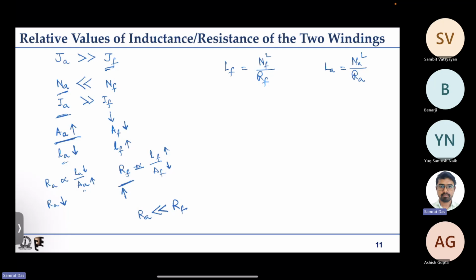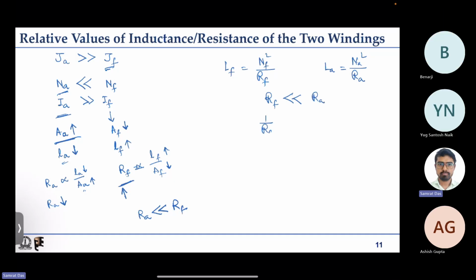From the study of the magnetic path for these two coils, we have already seen that Rf is very, very low compared to Ra. That tells us that 1 by Rf is very, very high compared to 1 by Ra.